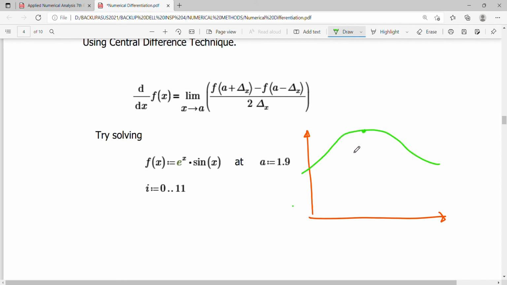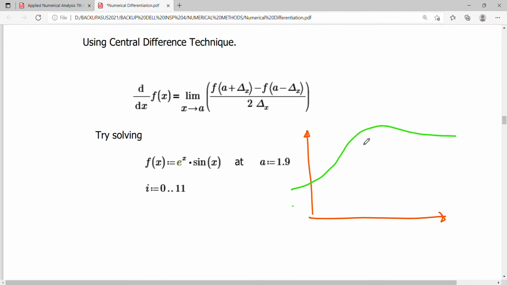Okay, so let's make use of a curve that's not symmetrical. Okay, so dito siya sa gitna. So this is A, x equals A.